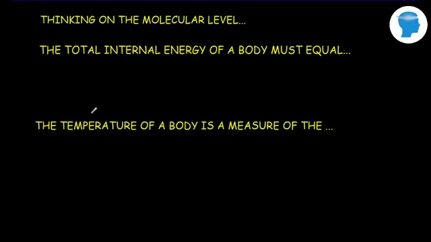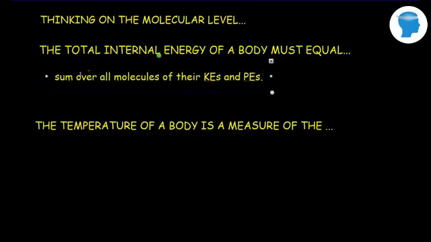If we want to think on the molecular level, the total internal energy of a body has to equal the sum over all molecules of their motional energy and their bonding energies. And temperature, you've probably heard this before, is a measure of the average kinetic energy per molecule.